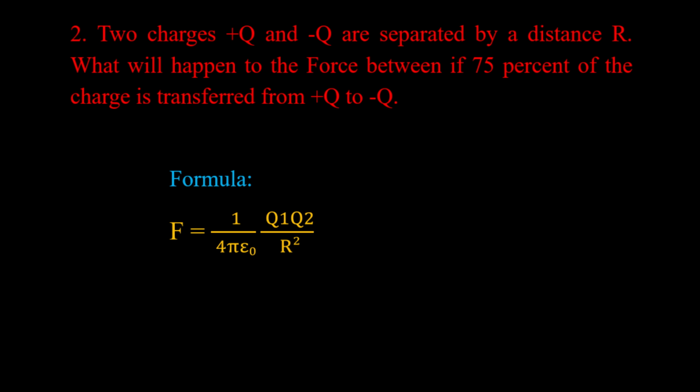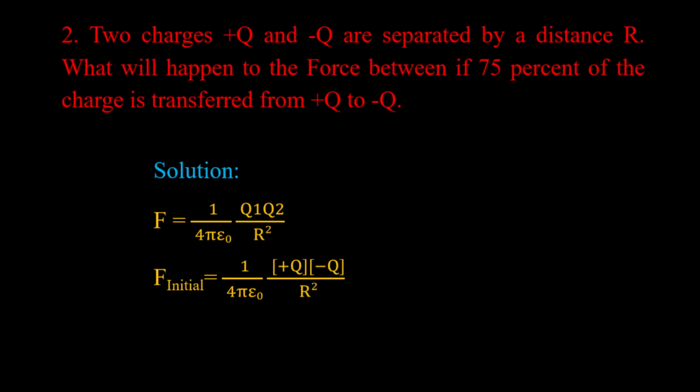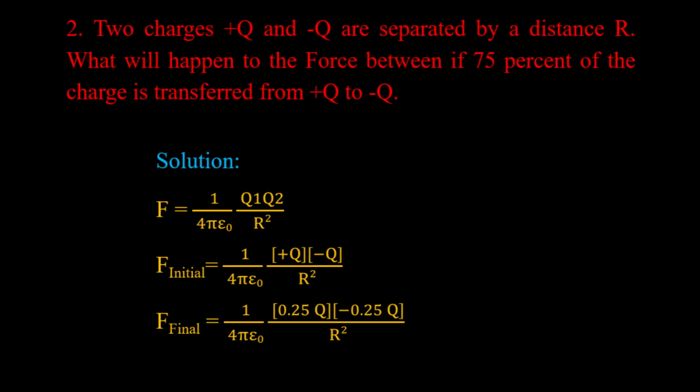Now we know that 1 by 4 pi epsilon naught is equal to 9 into 10 power 9. Okay, so now we substitute, instead of plus q we substitute plus 0.25 q, and instead of minus q we are going to substitute minus 0.25 q. So this is because of the transfer of 75 percent of plus q to minus q.